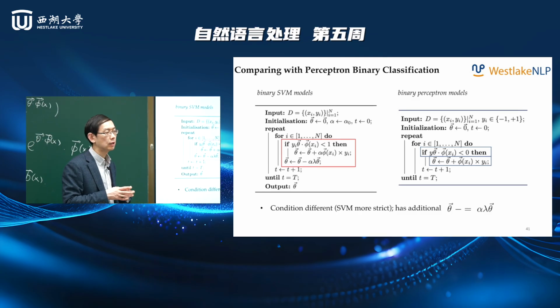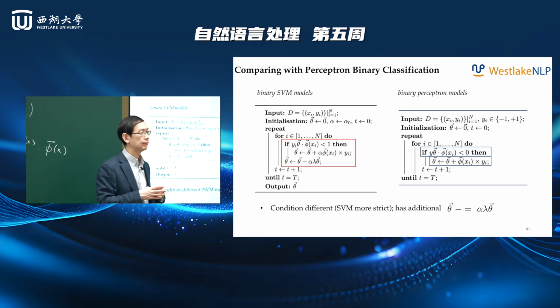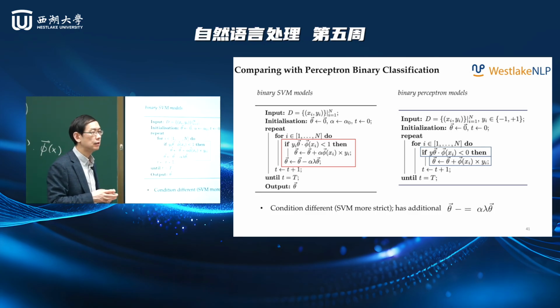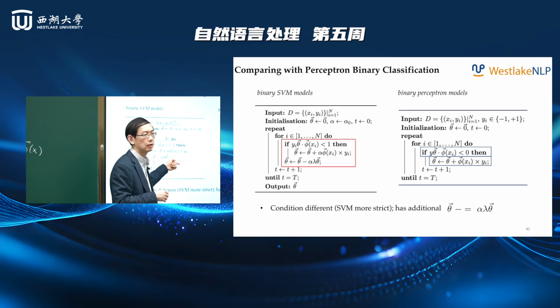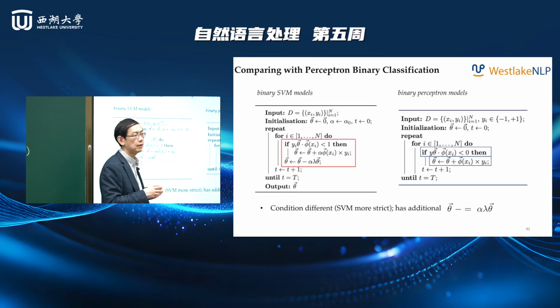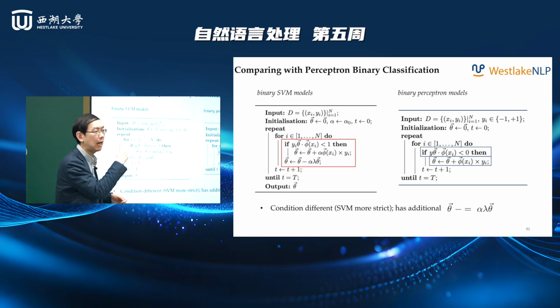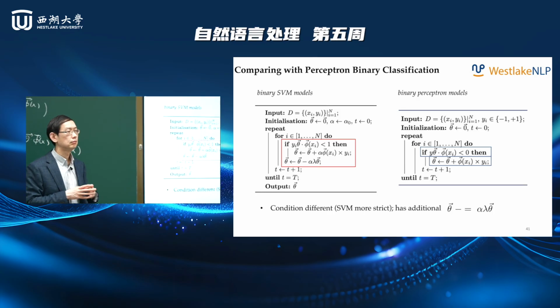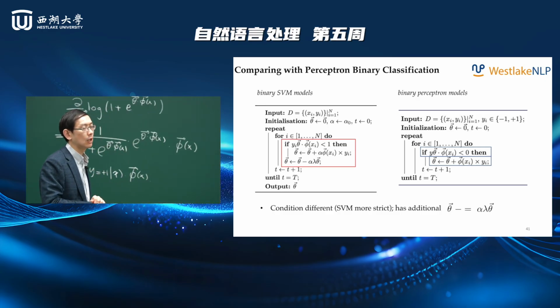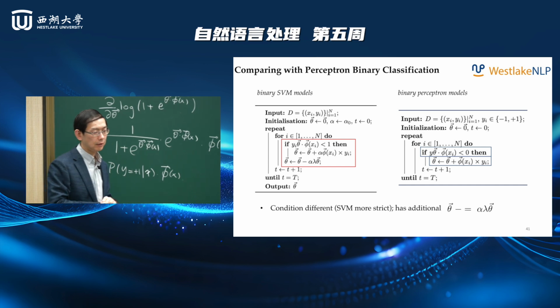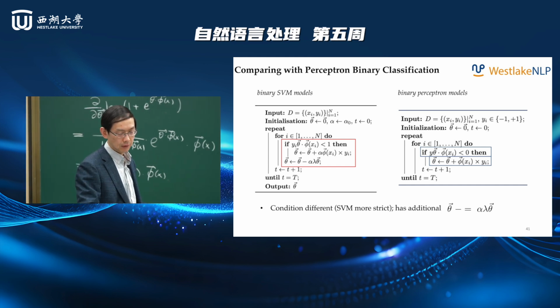So the condition of SVM is more strict. The second difference is that SVM has a margin term. SVM will always subtract lambda theta from theta, but perceptron doesn't have that. This is the difference in the binary case.